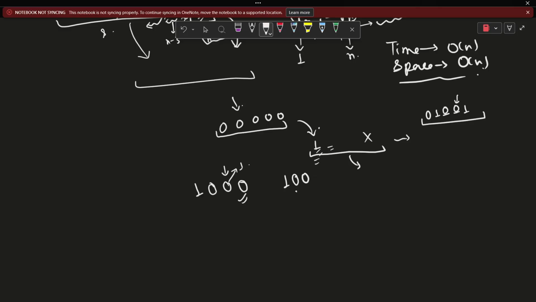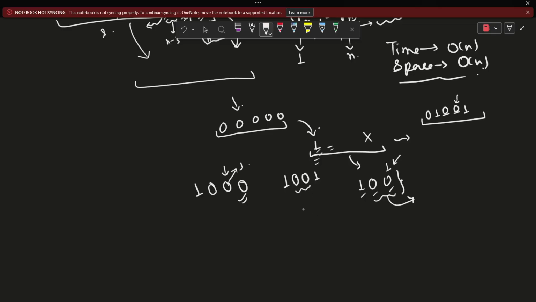And after these two zeros, I also need to put a one, because if there is a one followed by two zeros and then the string ends, it means that it is still not complete. A one has to be placed over here to satisfy the condition, right?